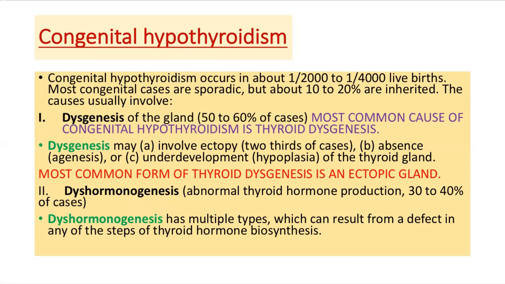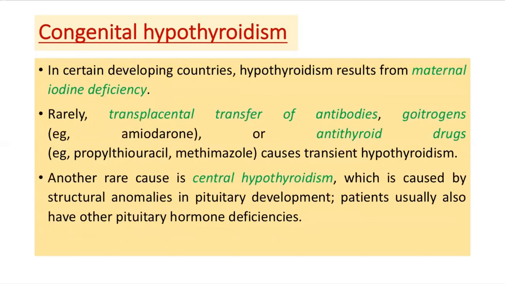The most common form of thyroid dysgenesis is an ectopic gland. أو dyshormonogenesis, which is abnormal thyroid hormone production, and it can be due to defect in any of the steps of thyroid hormone biosynthesis.